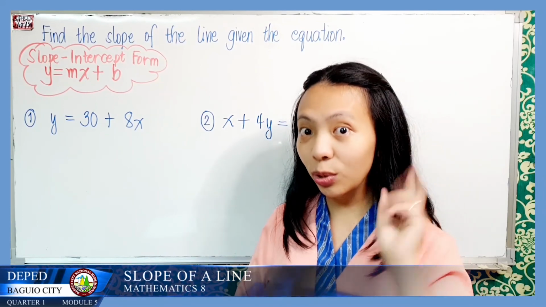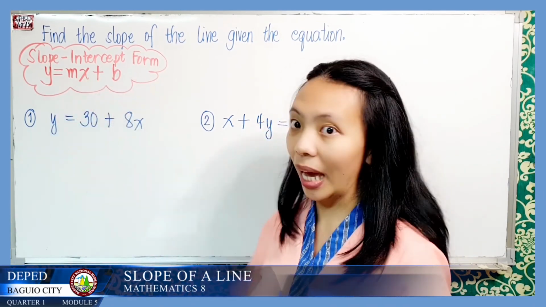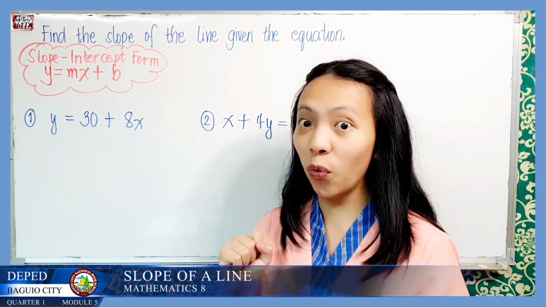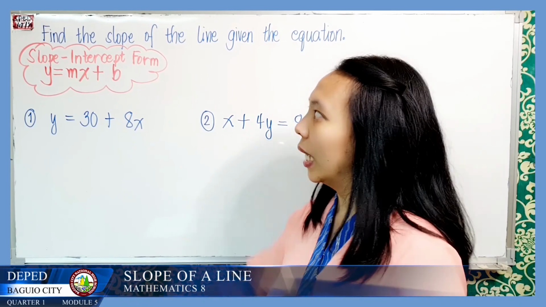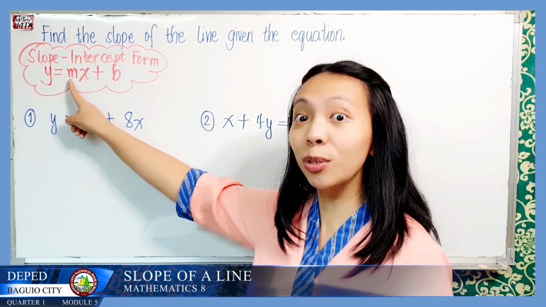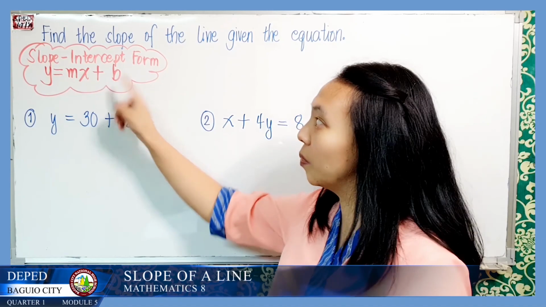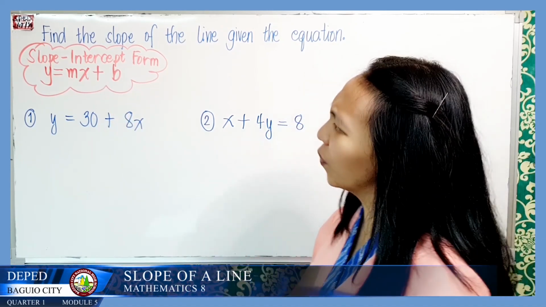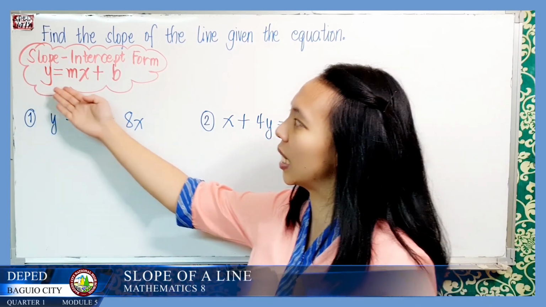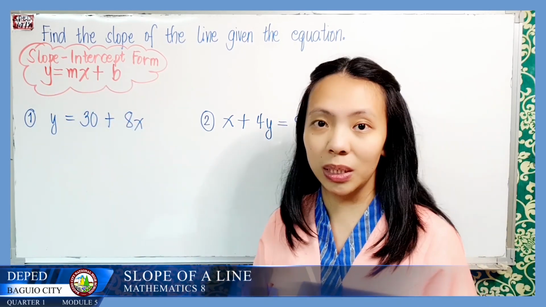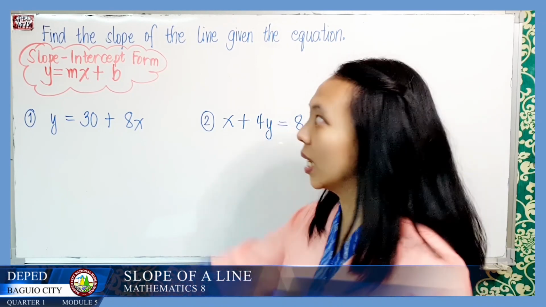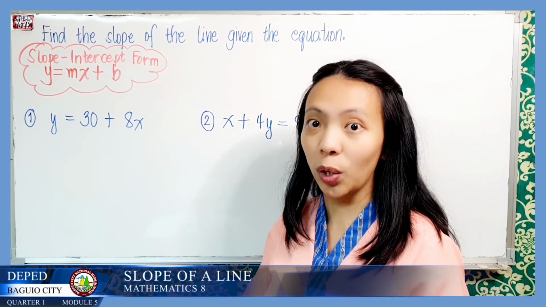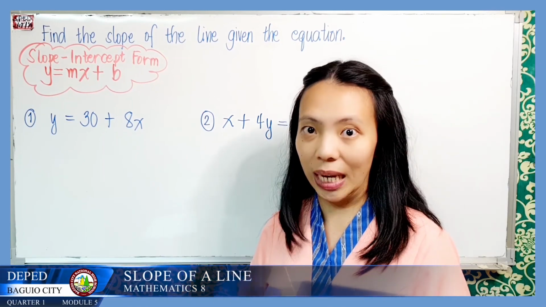Still, we have here two variables, the y and the x, whose exponents are both 1. Therefore, they are both linear. M here pertains to the slope of the line, while b is the y-intercept. So, if the equation of the line is written in the form y is equal to mx plus b, automatically, the numerical coefficient of the x term is the slope of the line.